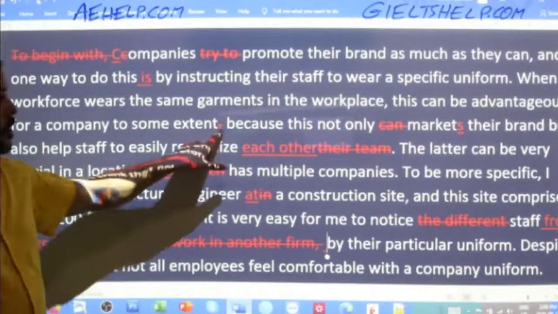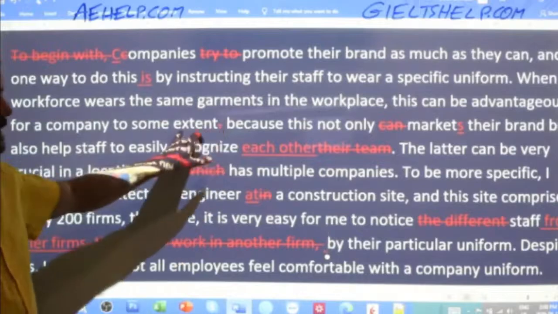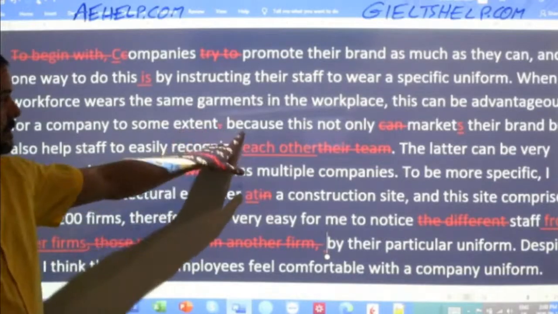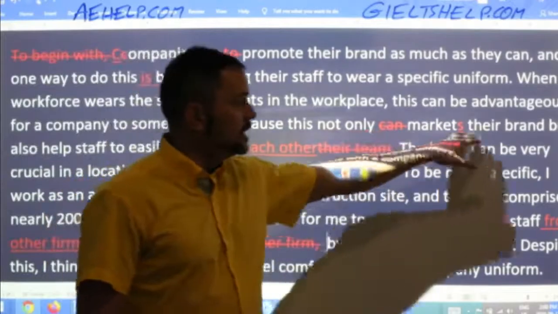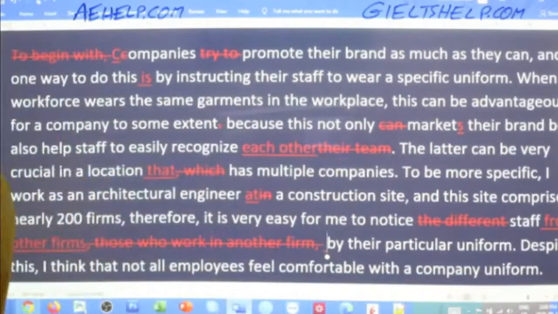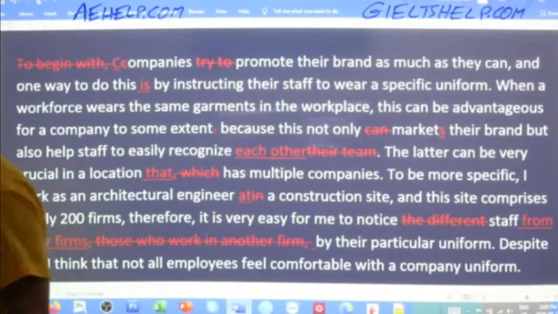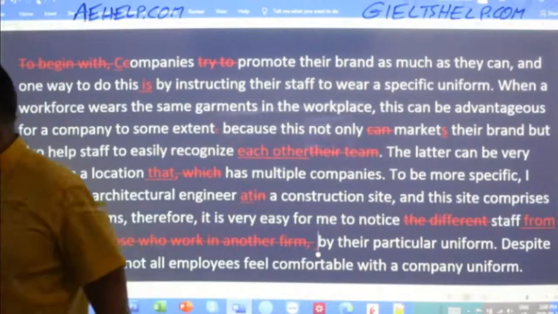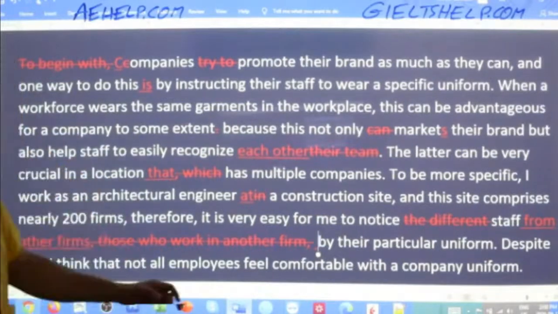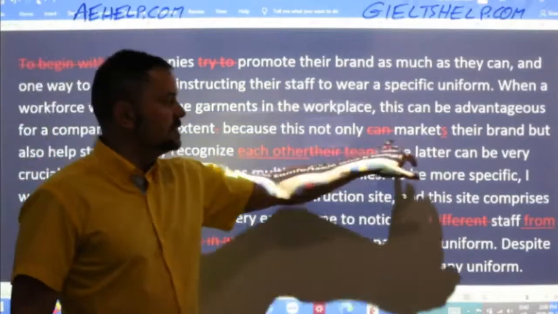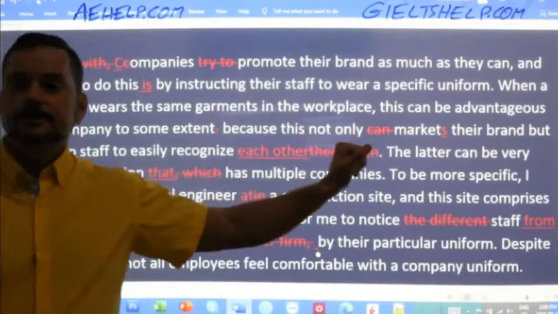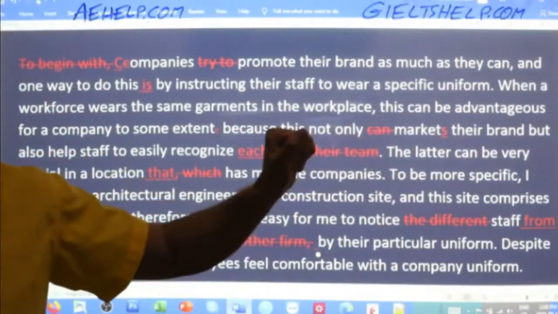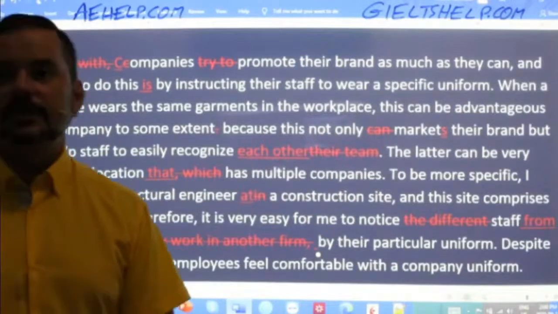So, and no comma here because the independent clause is followed by the dependent clause. So, because this not only markets their brand, okay, why this S comes in because I took out the "can." Why did I take out the "can"? Anybody know why I took out the "can"?